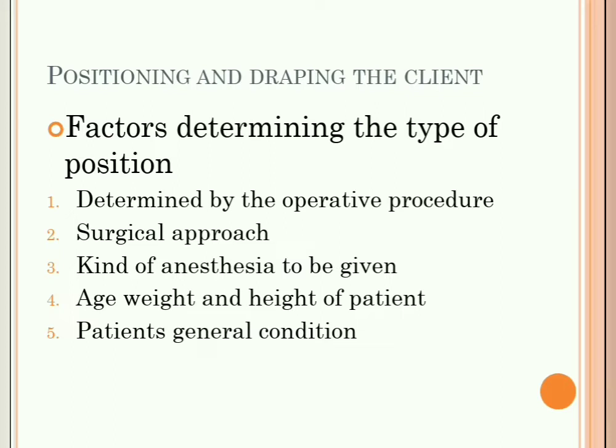Now, what are the equipment needed for positioning a client? We have your operating table, footboard, blankets, arm board, arm straps, pressure mattress, pillows, stirrups, table extension, and your anesthesia machine.